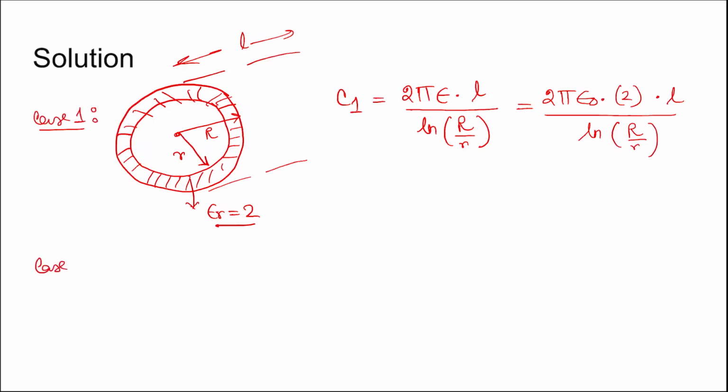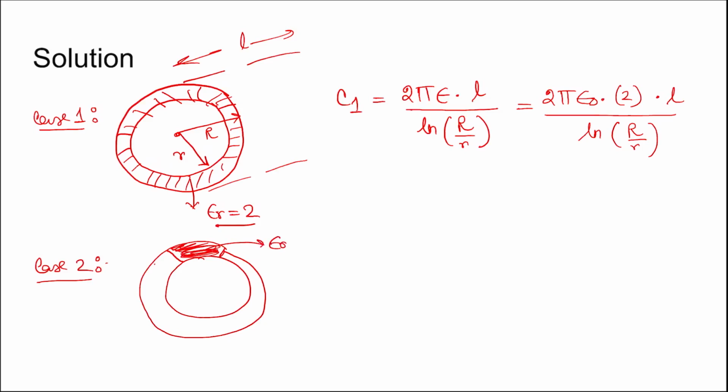Now in case 2, we are told that 1/4 of the capacitor is to be filled with epsilon r2, and the remaining 3/4 with epsilon r1 equal to 2.